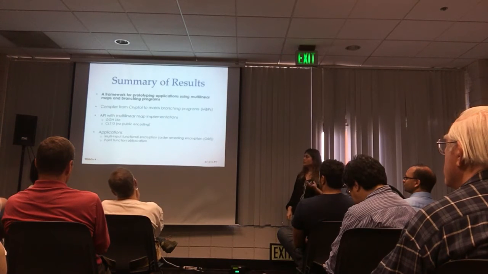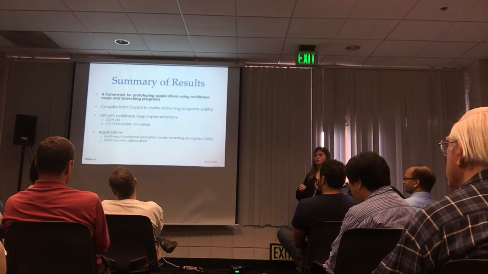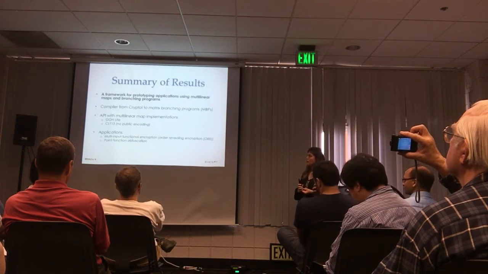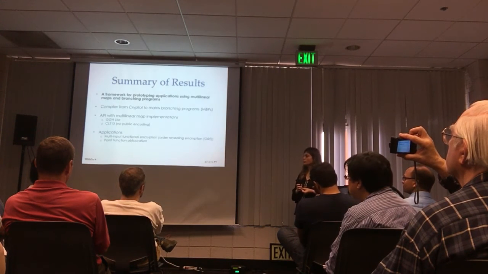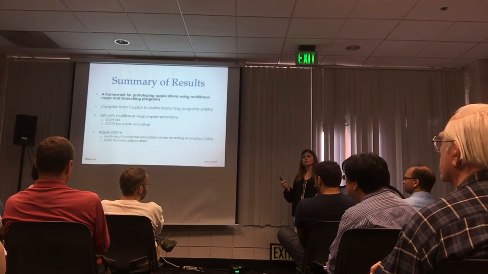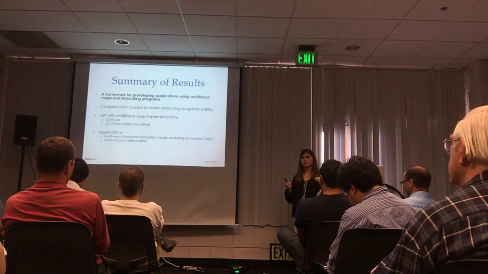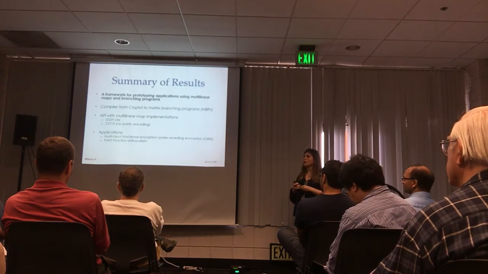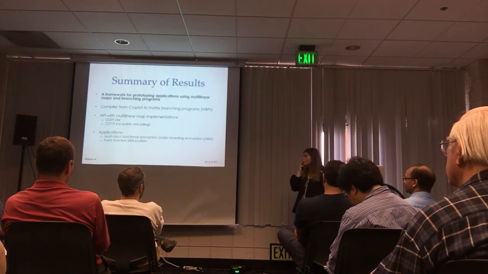Also, we have several applications implemented in our construction. We have a construction for multi-input functional encryption with two main instantiations. One of them is order revealing encryption, and the other one is 3DNF formulas.